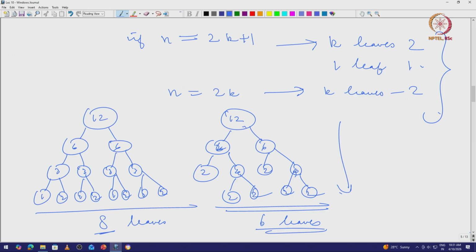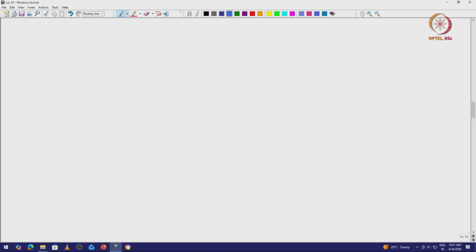So, in general, if n is even, what will be the complexity? Let us say n equal to 2k, there will be k leaves. The complexity at leaf level is k times 1.